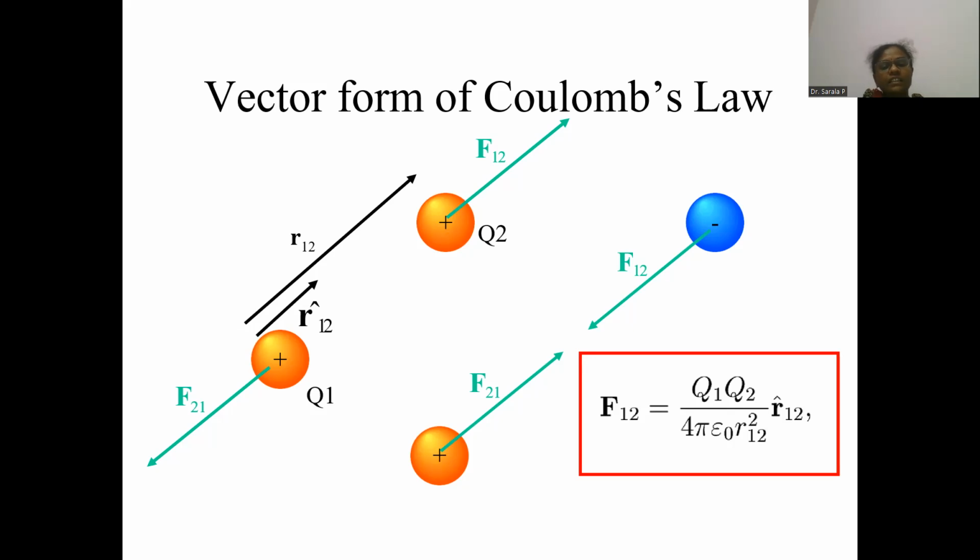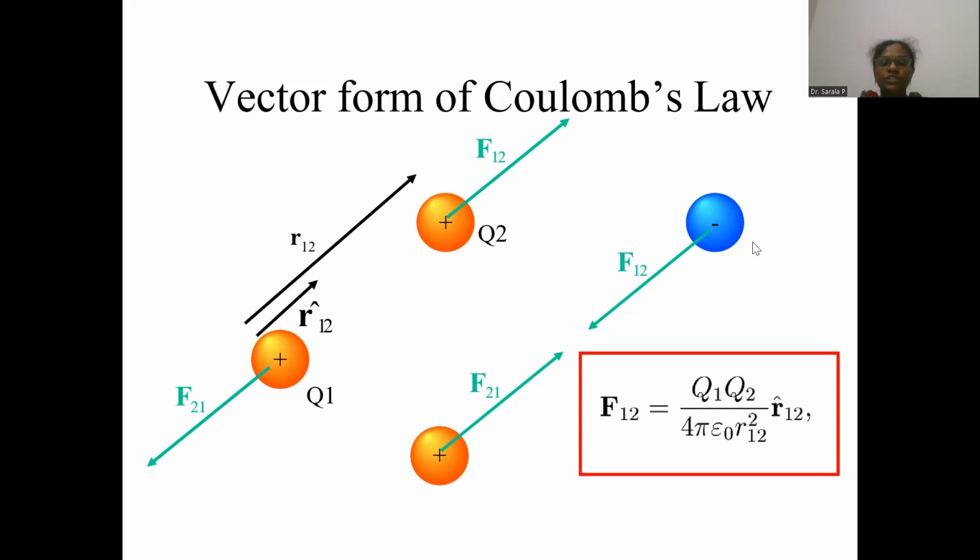So the vector is nothing but something having the direction as well as the magnitude. Here the direction of force is given and the magnitude is nothing but the distance. And here, if we see two charges, a positive charge and a negative charge, right?